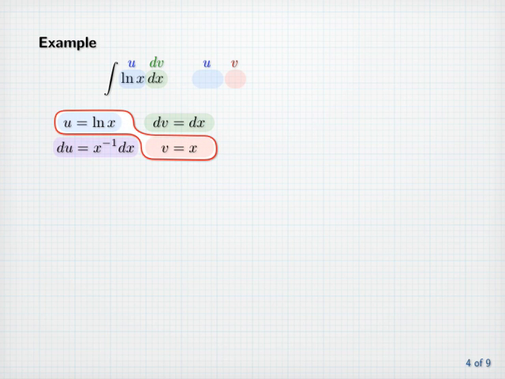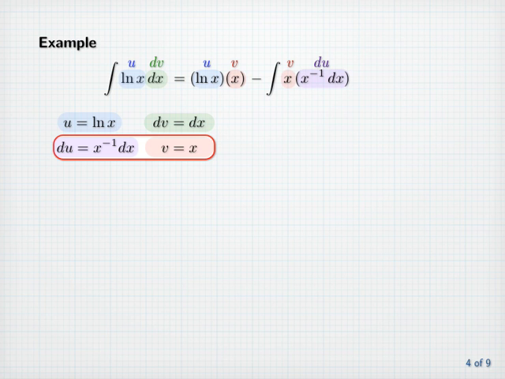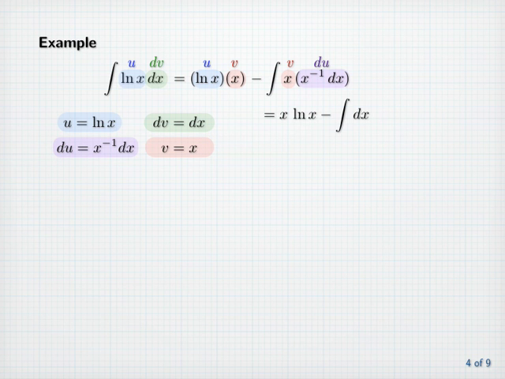So the integral becomes u times v, or natural log of x times x, minus the integral of v times du, or the integral of x times 1 over x dx. So we have x times natural log of x minus the integral of dx. So we get x times natural log of x minus x plus c.